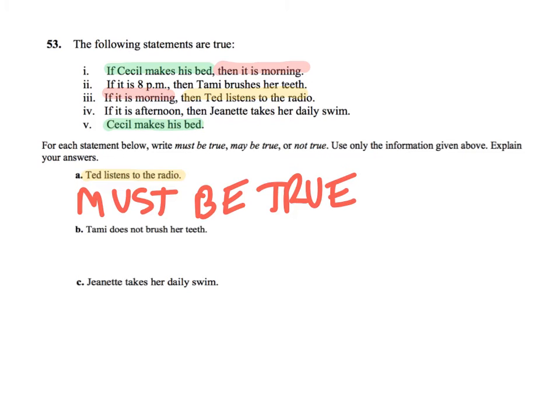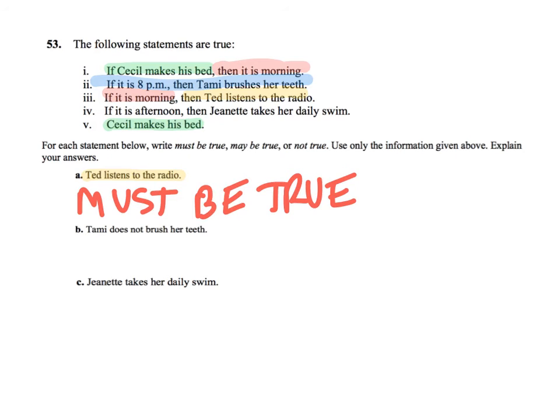My next one says Tammy does not brush her teeth. All right, well, I know that if it is 8 p.m., oh, sorry, I thought that was a highlighter. I know if it is 8 p.m., then Tammy brushes her teeth. But I know it's morning. So that means that Tammy is not brushing her teeth, which is a choice Tammy is making.